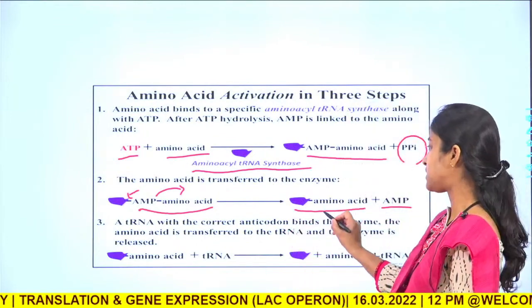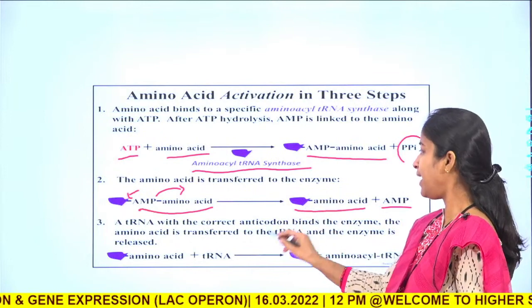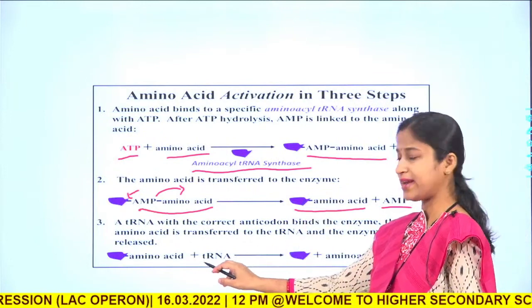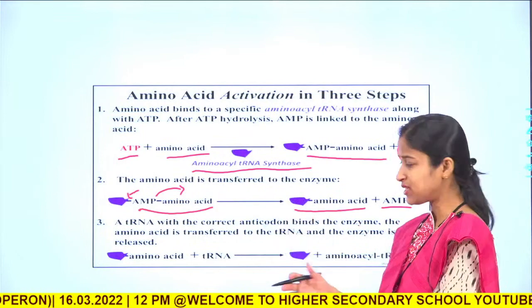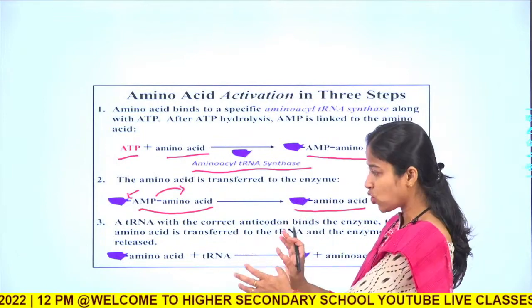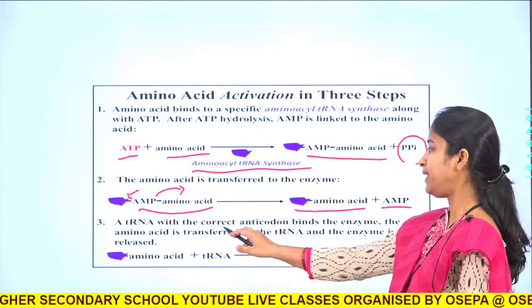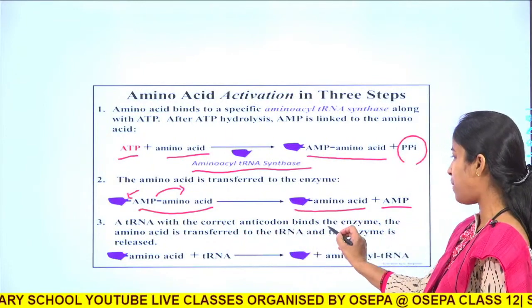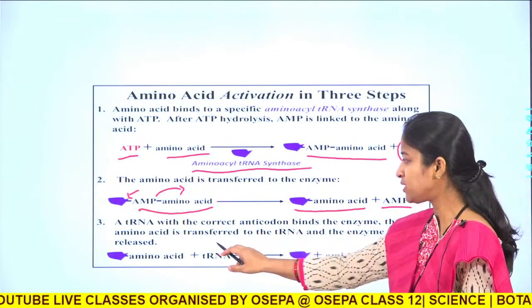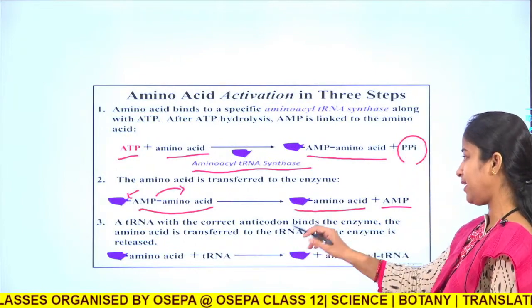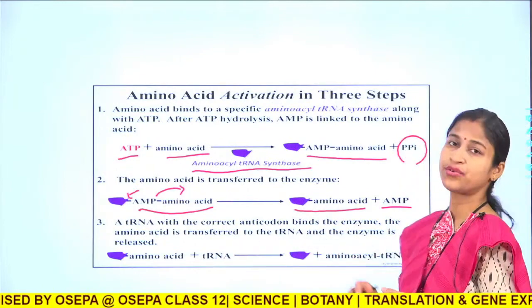Next, this enzyme again brings in the tRNA, and it joins the tRNA and amino acid together. So, a tRNA with the correct anticodon binds the enzyme, the amino acid is transferred to the tRNA, and the enzyme is released.